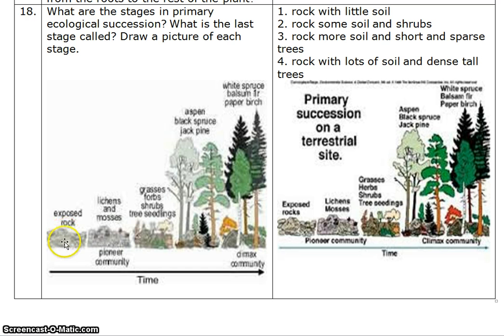The first one is exposed rock, and then you're going to have some soil, maybe some shrubs, a little bit of trees, and then eventually you get to the last stage, and it says here, what is the last stage? That's called climax community. You need to make sure that you know that. So pause it here so you can draw these. These are two different. You don't need to draw both of them, but one or the other, and draw these. Pause it here if you need to.